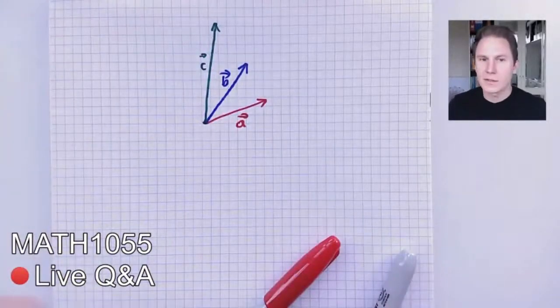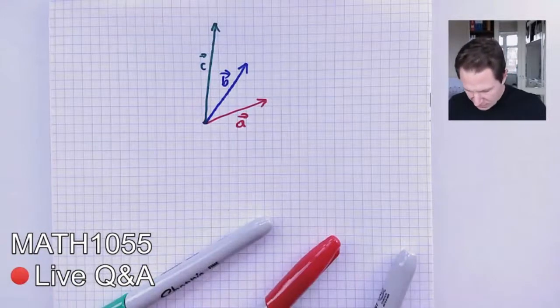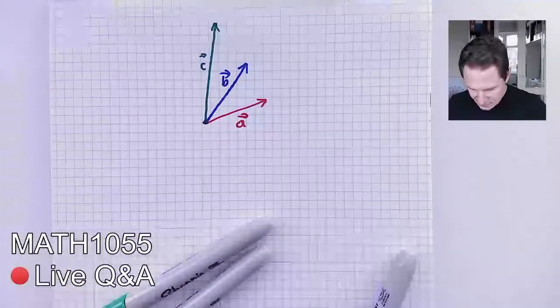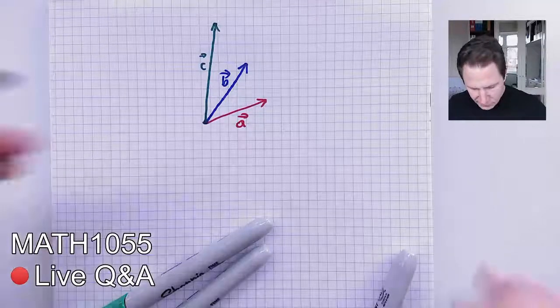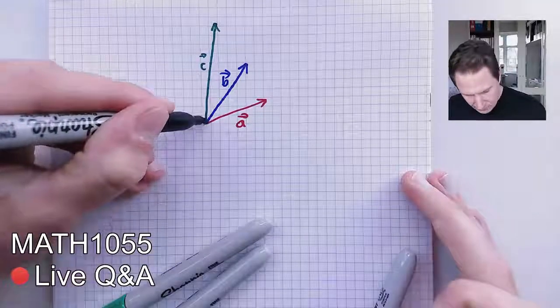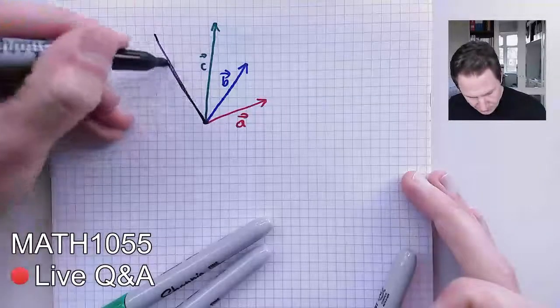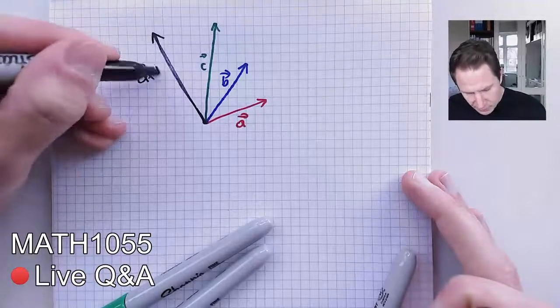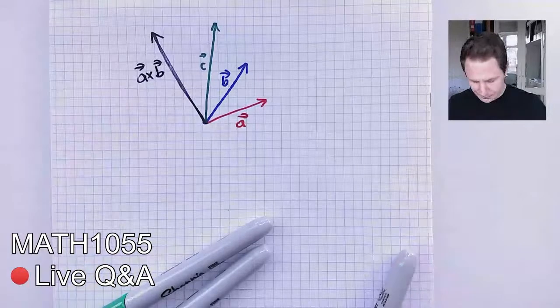We have these three vectors pointing in some directions. First, we have this vector product of A and B giving us this vector that's perpendicular to both A and B.